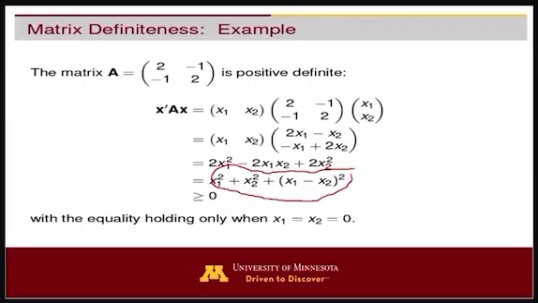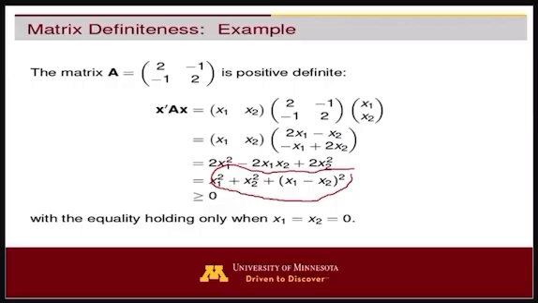I want to investigate this and see whether it's going to be greater than zero or less than zero. If you take a look, x1 squared is positive, x2 squared is positive, and x1 minus x2 all squared is also positive.